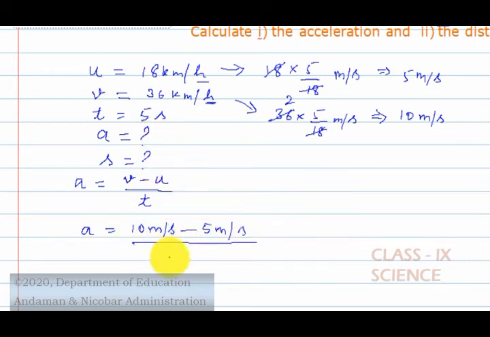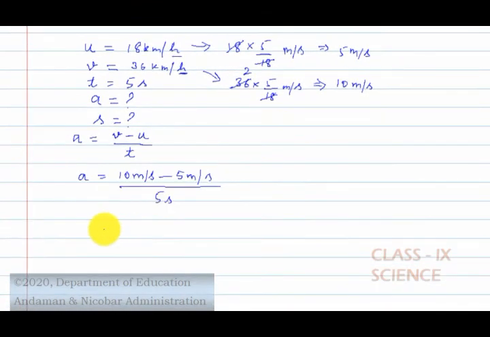Time is 5 seconds. So now solving this we will get 10 minus 5 is 5 divided by 5. So here 5 gets cancelled. So here acceleration will be 1 meter per second square. This would be the acceleration if a car accelerates from 18 km per hour to 36 km per hour in 5 seconds. So we have calculated the first part, that is acceleration.